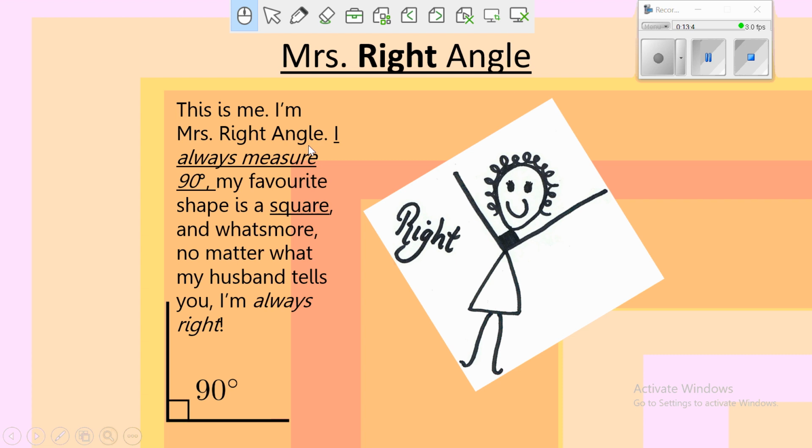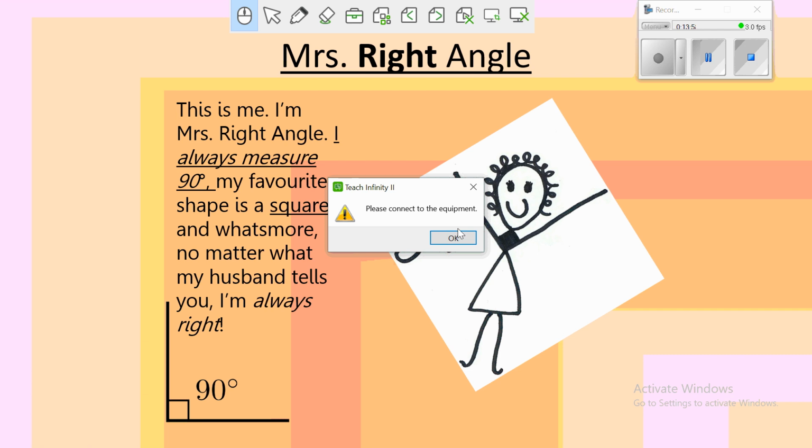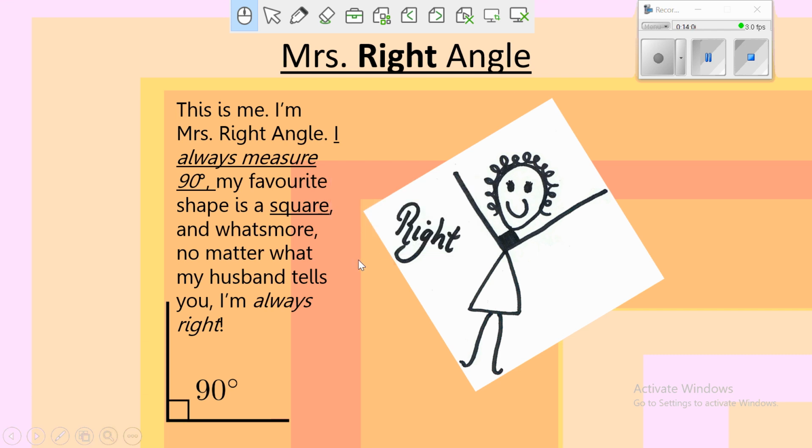So, what's her favorite shape? Square, because all the angles of a square are right. And she is the Mrs. Right. All the time she is right. What about measurement? Yes, 90 degrees. The measurement is 90 degrees.